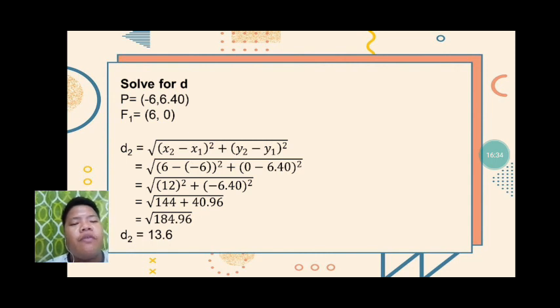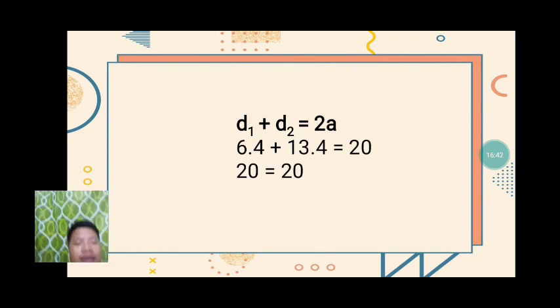Therefore, the square root of 184.96 is 13.6. This is now our d sub 2. And now, we will just add the distance 1 and the distance 2, which results to 2a.